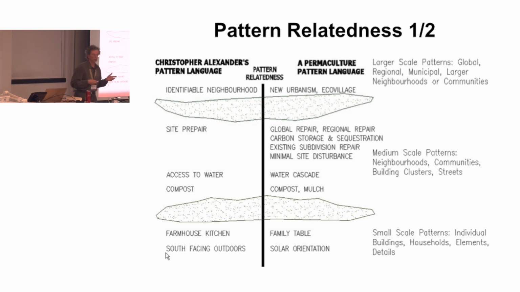And minimal site disturbance. So we're just saying, if you're going to develop a new site, keep the topsoil, look at the drainage, kind of work with the drainage of the site without changing it too much. Keep the site alive, keep it breathing, basically, and disturb it as little as possible. He does have compost.